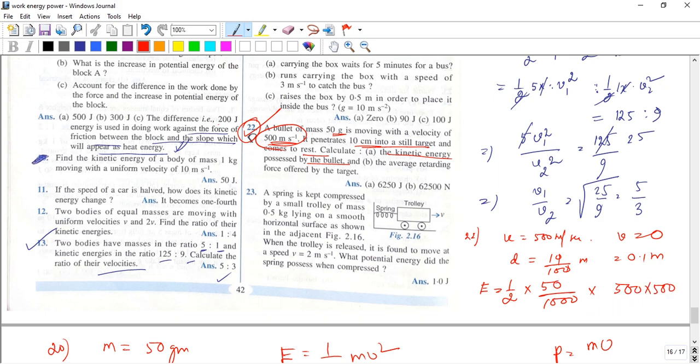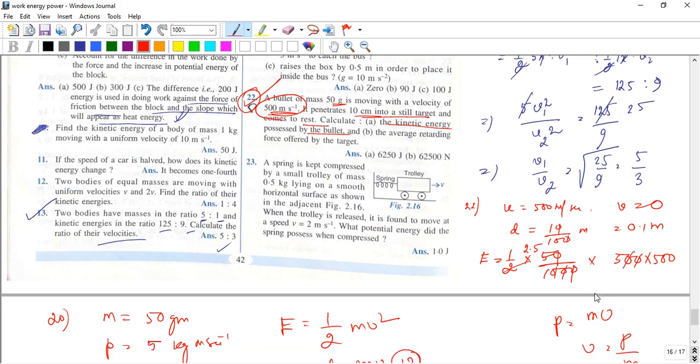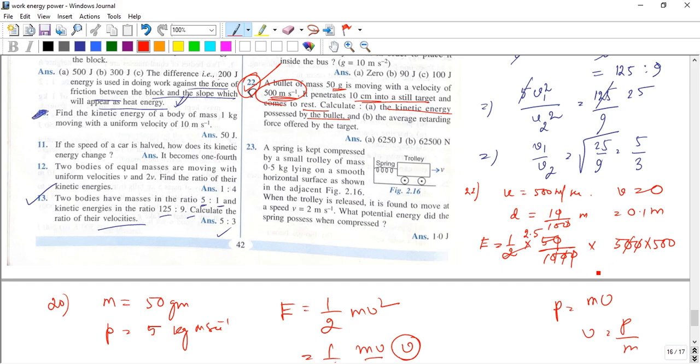Zeros cancel, 2 and 0 also cancel. So that is 2.5, 5 5 is 25, 25 times 2.5 is 62.5, times double zero, and we get 6250 joule.